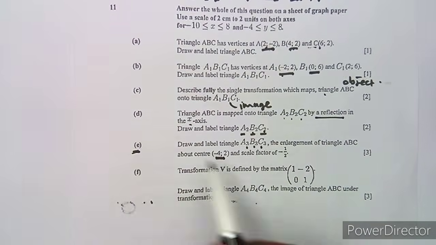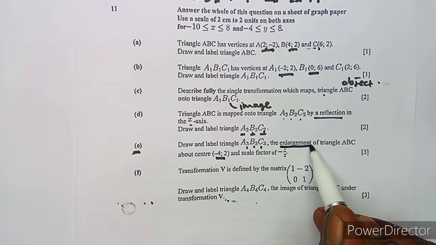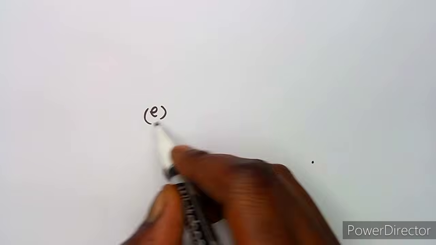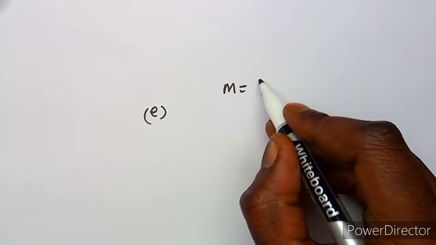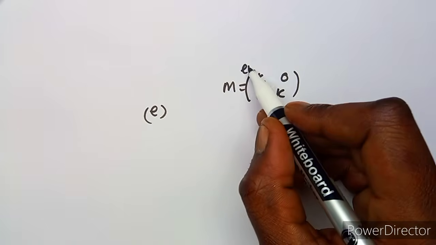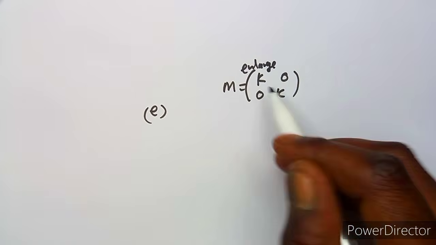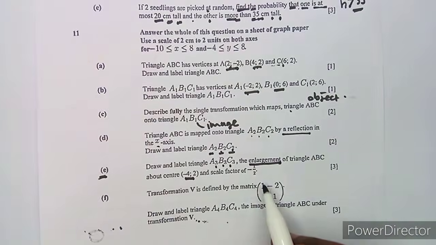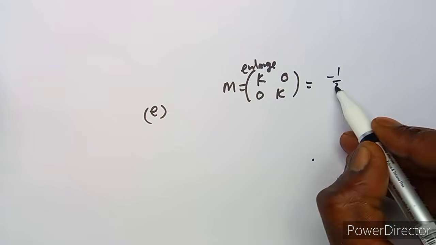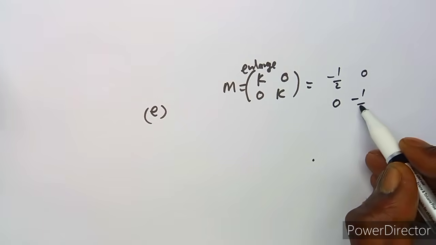So in this case, we have the same concept, but this time on E, we are given a matrix for enlargement. We need the matrix for enlargement that is going to be best for us. For us to use this matrix for enlargement, remember it's k, 0, 0, k, where k is the scale factor, and in this case our scale factor is minus half. So we've got minus half, 0, 0, minus half.